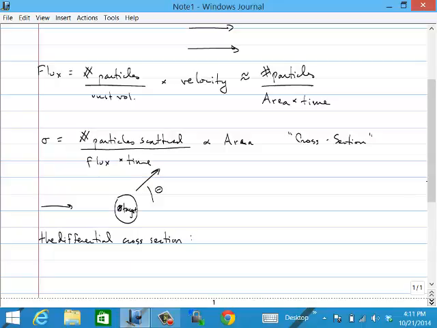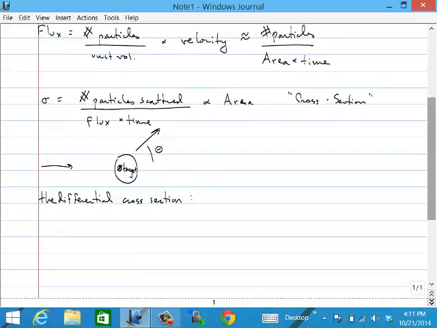So let's say that we have a scattering into n final states, then the differential cross-section would be d sigma over d omega 1 up to d omega n, where these are all of the solid angles into which the nth particle scatters.